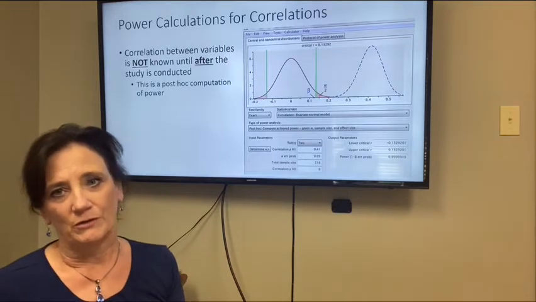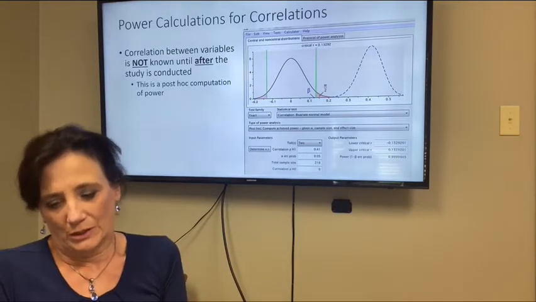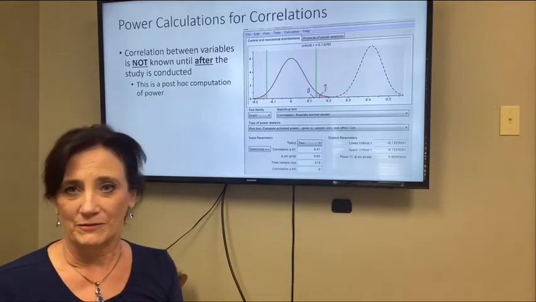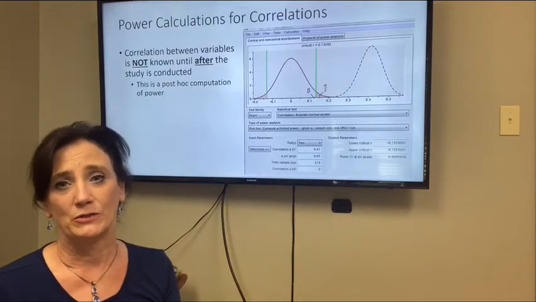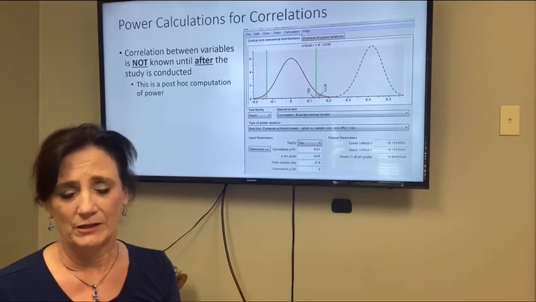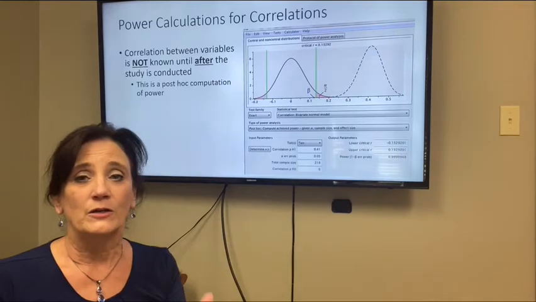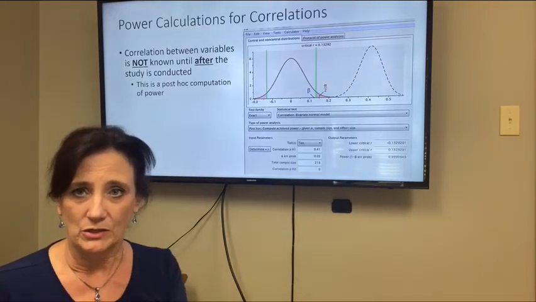But really more often, we don't know. We don't know how many surveys to collect ahead of time, because we do not know what the relationship of the variables is until the study's conducted. And this is because we're not usually doing replication studies, right?